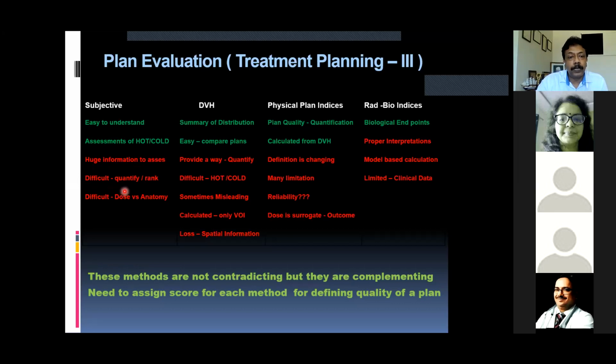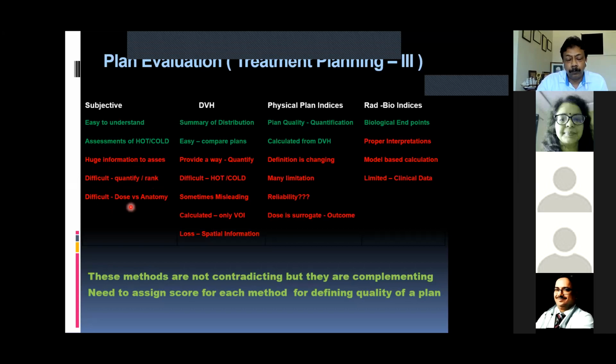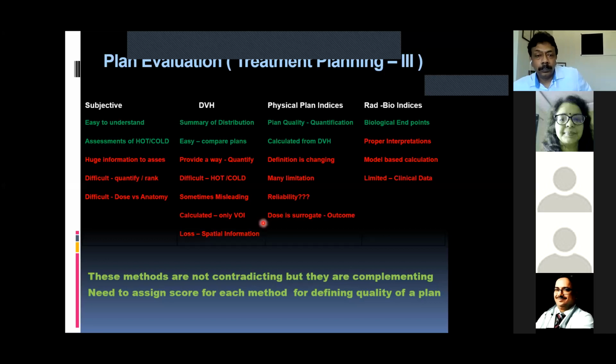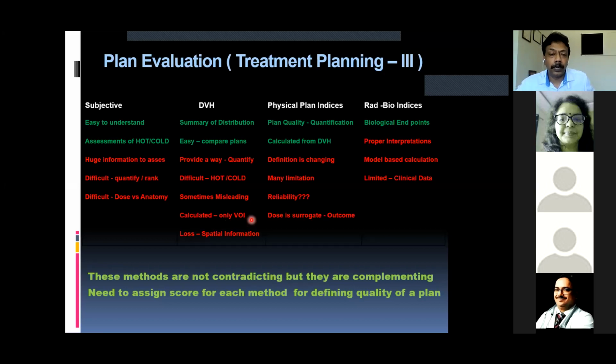It is difficult to quantify or rank the treatment plan between competing plans, and it is also difficult to relate dose versus anatomy. And the dose volume histogram is a summary of the distribution and easy to compare between the plans, and it provides a way of quantification. But it is difficult to identify hot and cold spots and correlate with the anatomy, sometimes dose volume histograms are misleading, and they calculate only the volume of interest which we have contoured.